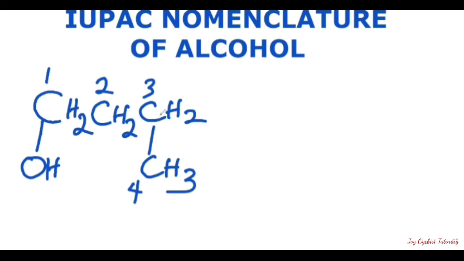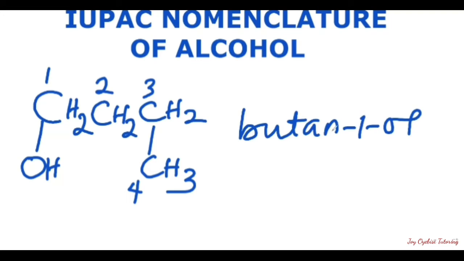Now, normally maybe you could have thought that this is an attached group, but it's not, because if you stop here, you're not considering this other carbon, and that's the longest chain. So you need to consider the longest chain when you are naming. So for this compound, since it's 4, the name would be butan-1-ol.